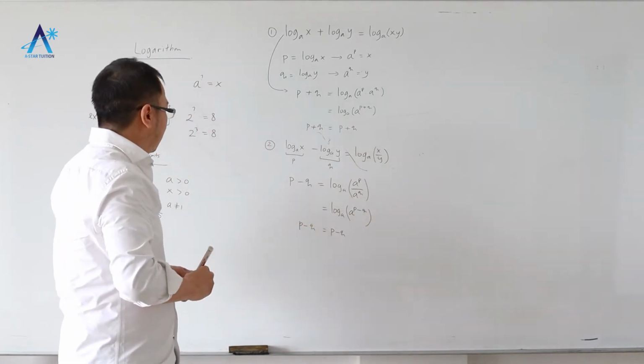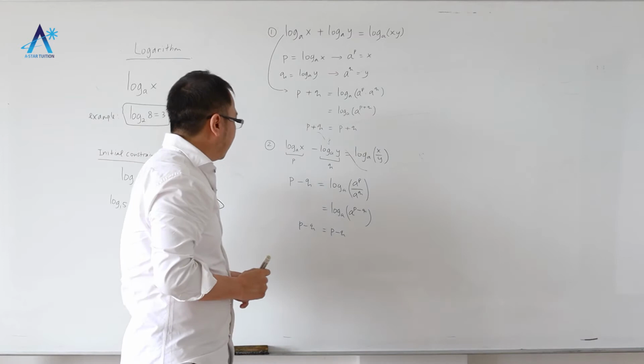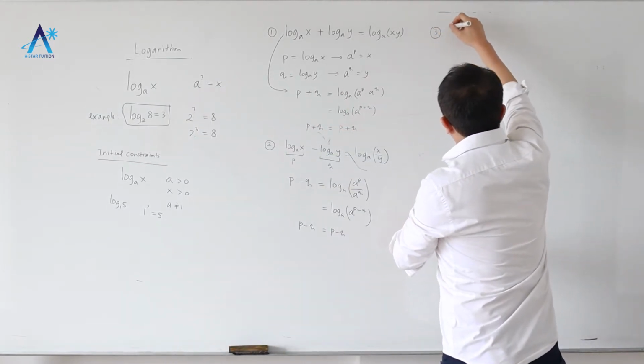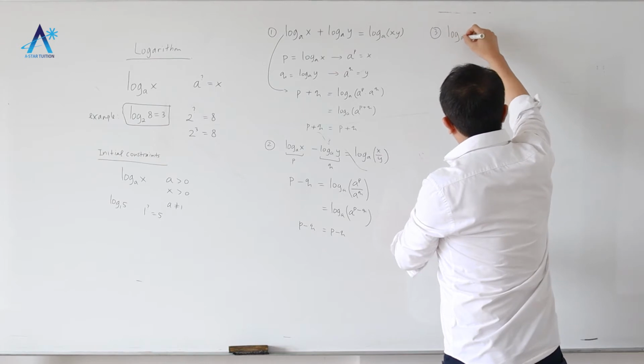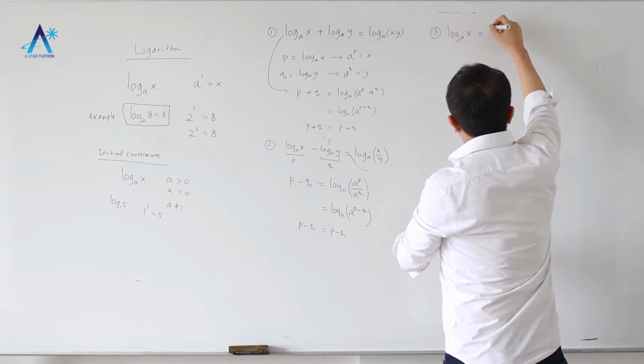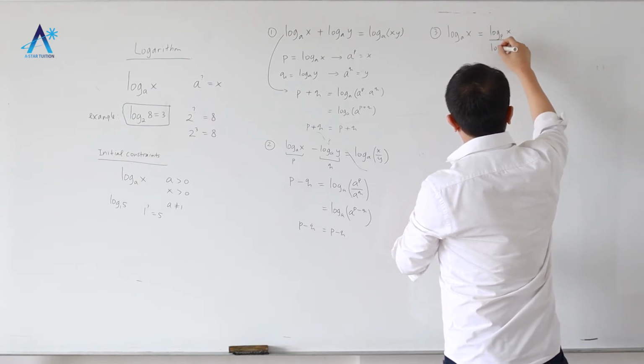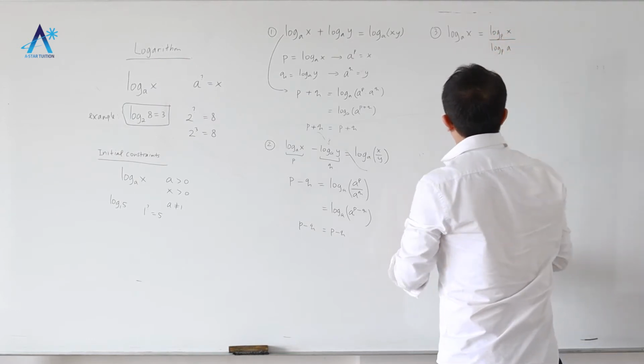Okay. Moving on, rule number 3. Log base a of x could be written as log base p of x over log base p of a.